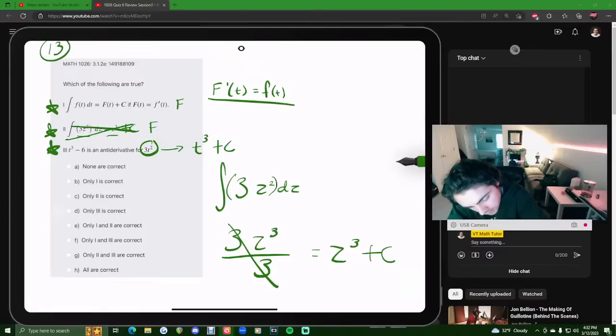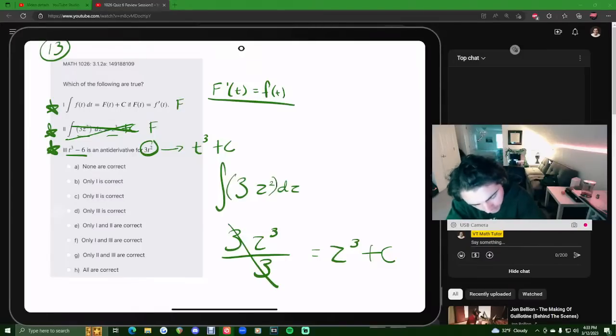Again, plus c creates a whole family, as I keep calling them, a general antiderivative for 3t squared, right? So t cubed plus c is basically all the possible antiderivatives. And so to say t cubed minus 6 is the same as a plus c, where c is negative 6. And so t cubed minus 6 is definitely an antiderivative for 3t squared.